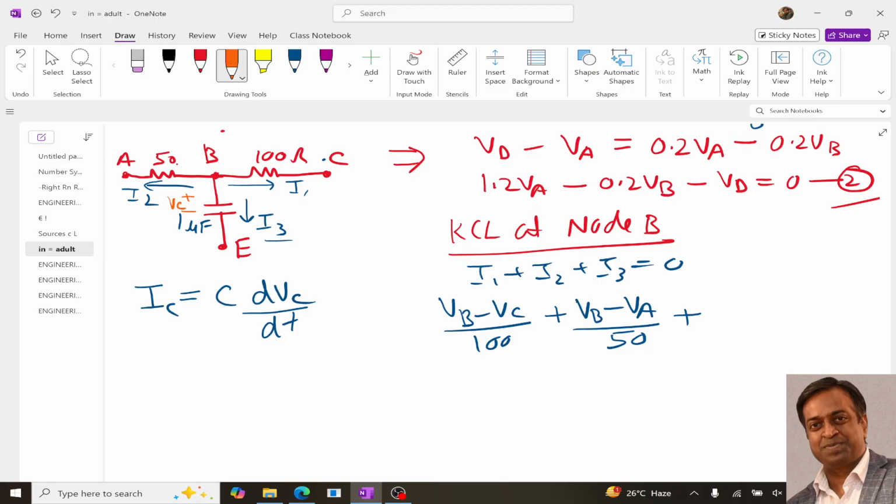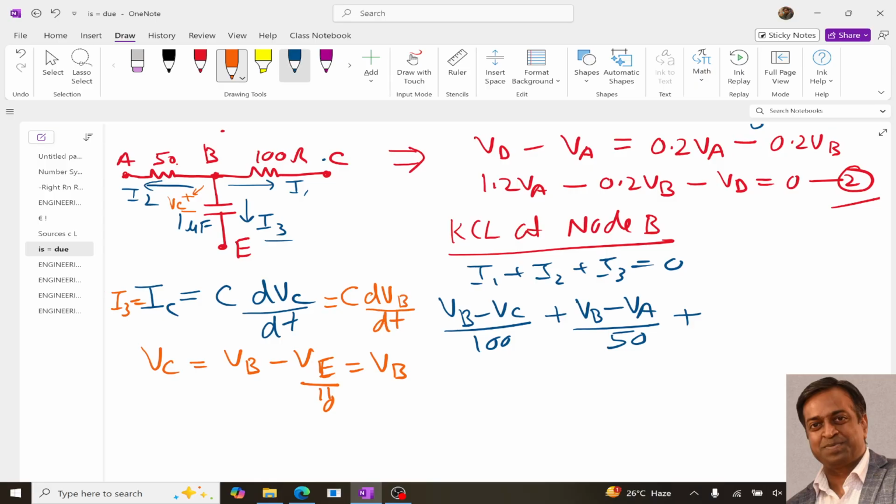Now the voltage across the capacitor, let this be VC. VC will be equal to VB minus VE, not VE minus VB. Why VB minus VE? Because the positive terminal is connected near the B terminal. VE is 0, so VC is equal to VB. So our IC, or simply I3, will be equal to C dVB upon dt.